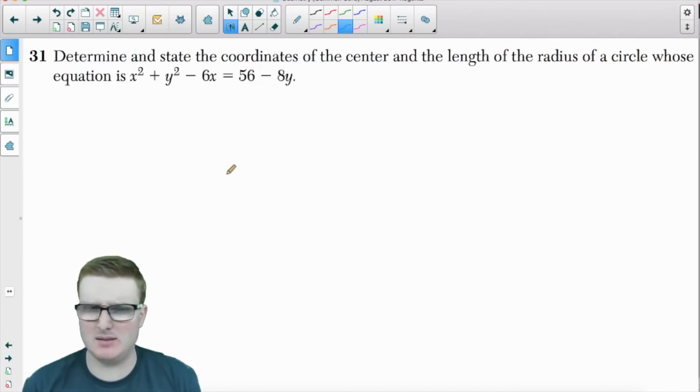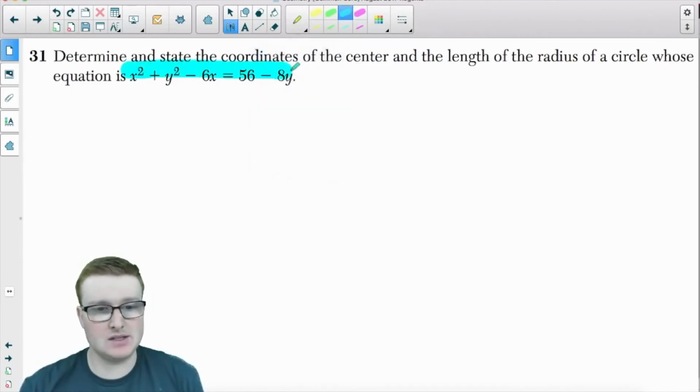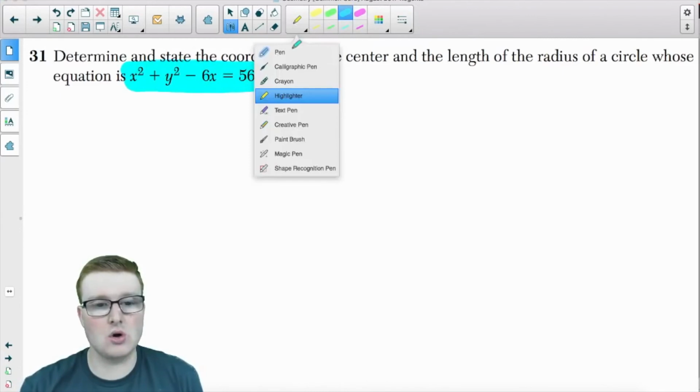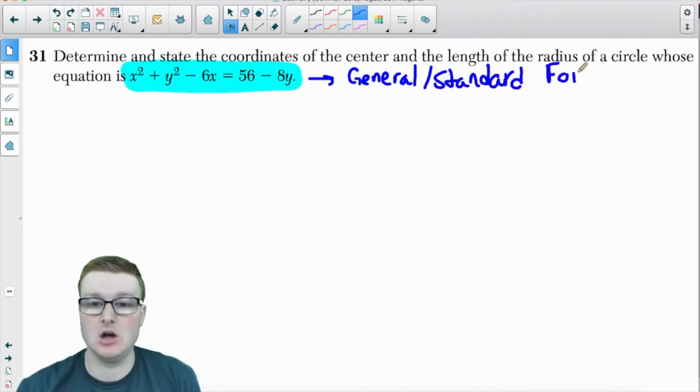Oh, we got some problems here, folks. We need to take this form. This is called general form or standard form. It's general or standard form of a circle. We want this in center radius form.